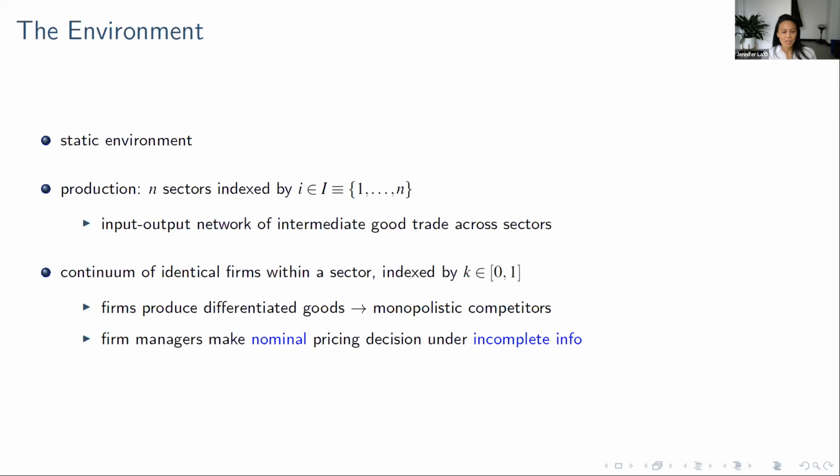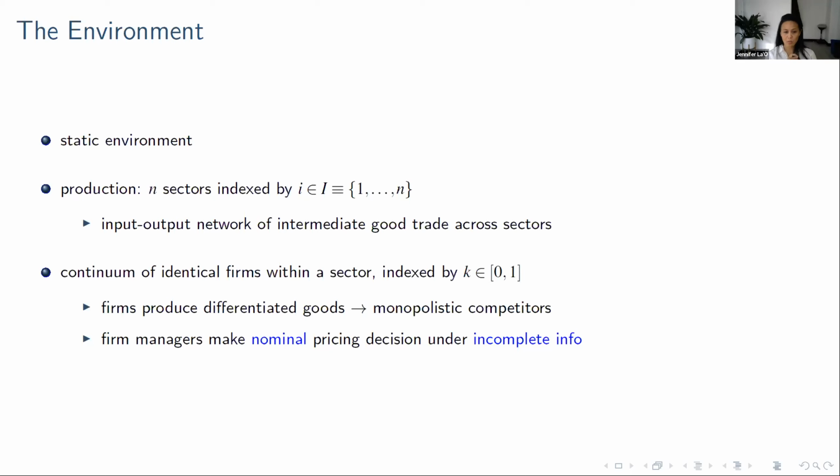Okay, so here's the environment. We're going to consider a static environment. Production is going to be organized in N sectors indexed by i, and we're going to have intermediate good trade across these sectors, which is going to constitute our input-output network. Firms within any sector are going to be identical.